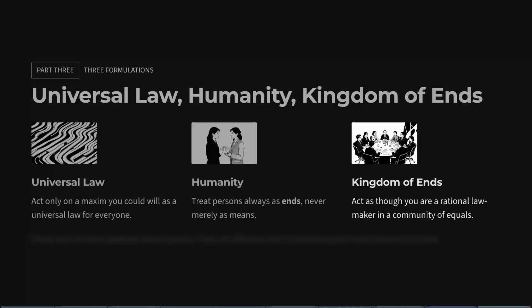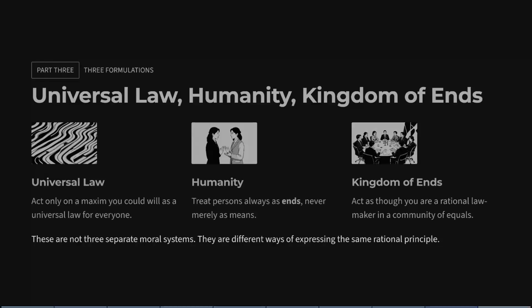Morality is not just about individual action, it is about the principles on which a rational community could be built. Each agent should act as both subject and legislator in a moral community of equals. These three formulations together constitute one of the most influential accounts of morality ever developed.